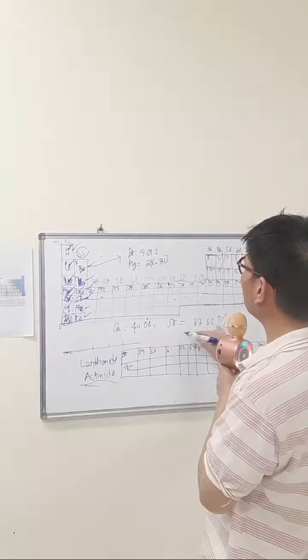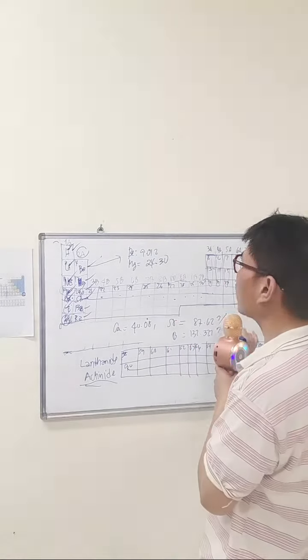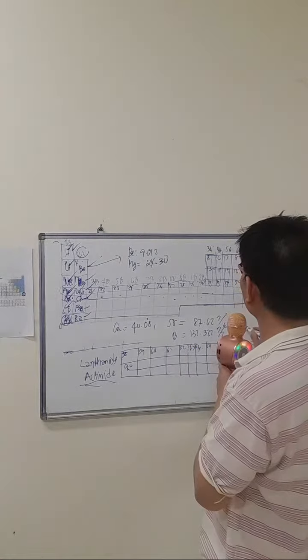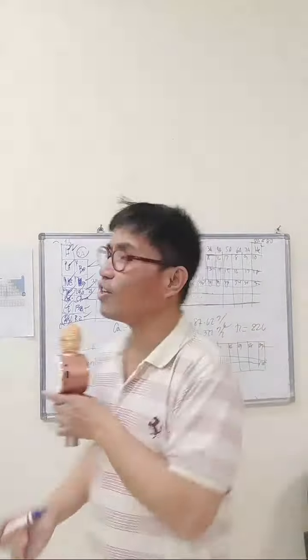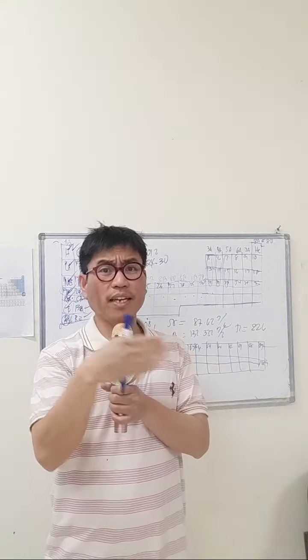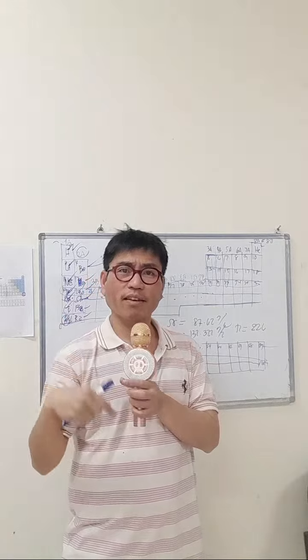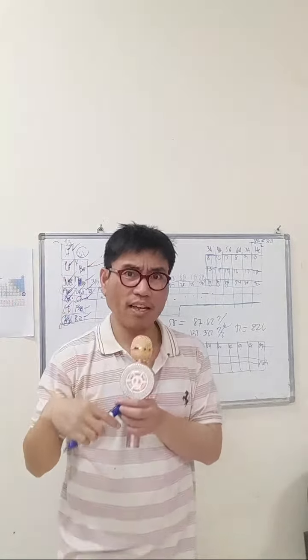And then barium is 132.327 grams per atom. And we have the radium, 226. By the way, guys, there's no 224, 225 atomic weight in the periodic table, go directly to 226. Yes, that is the atomic weight of radium, 226.